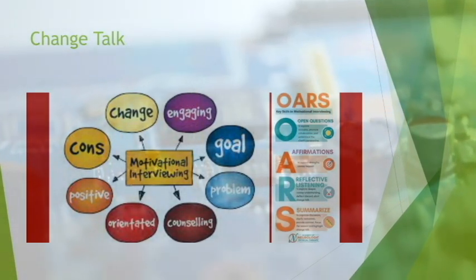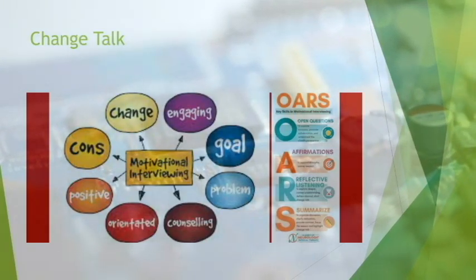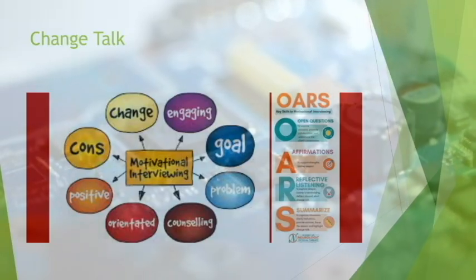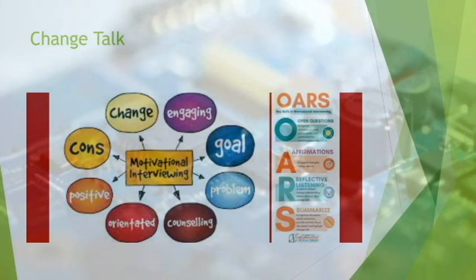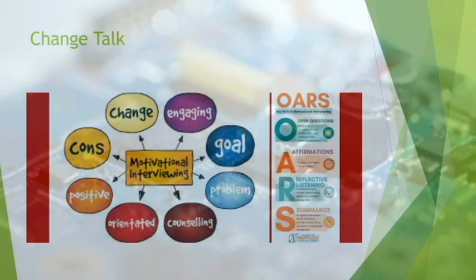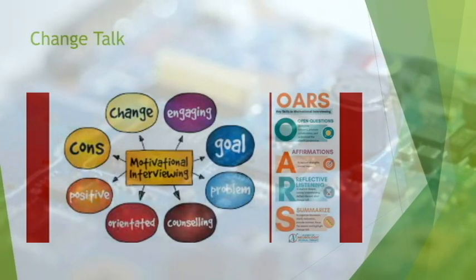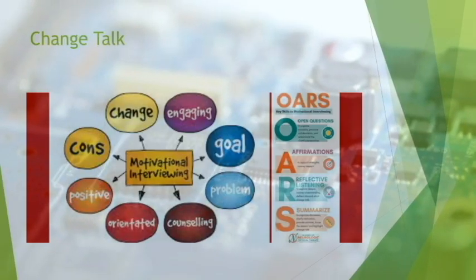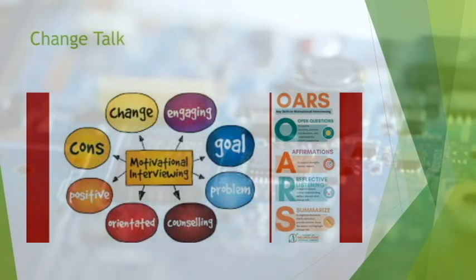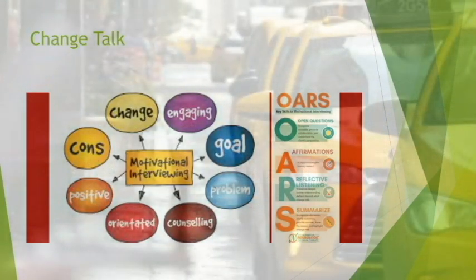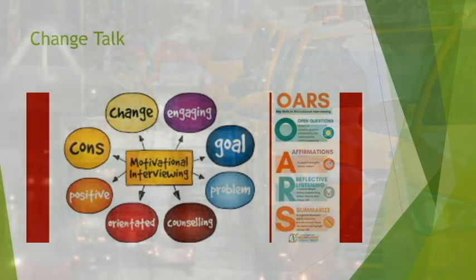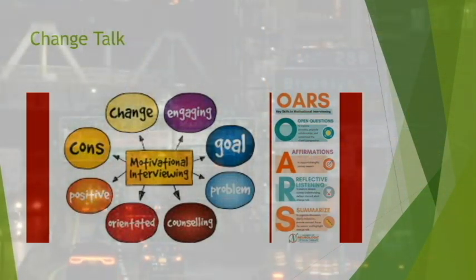Remember, in this kind of interviewing, you are looking to evoke motivation within the client themselves. And remember, this is a slow process. This is about evoking, not fixing. Evoking is long-lasting. Fixing is something that's imposed and is often rebelled against. That's just the way people are. So avoid the righting reflex.